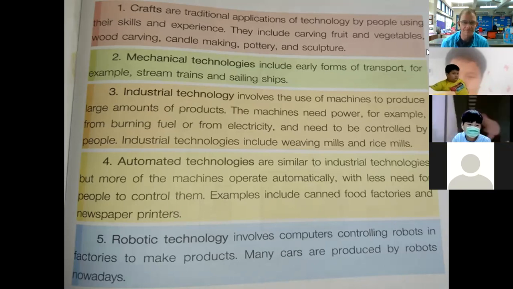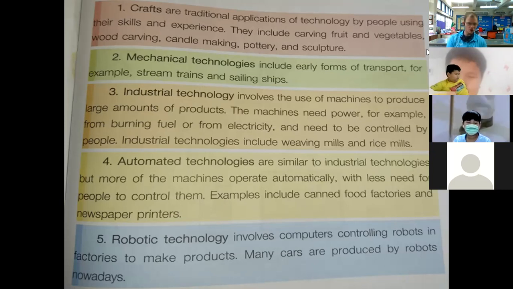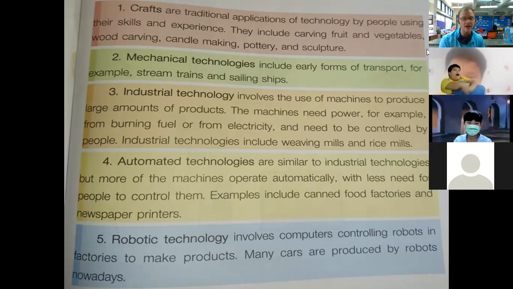industrial technology involves the use of machines to produce large amounts of products. The machines need power, for example, from burning fuel or from electricity, and need to be controlled by people. Industrial technologies include weaving mills and rice mills.